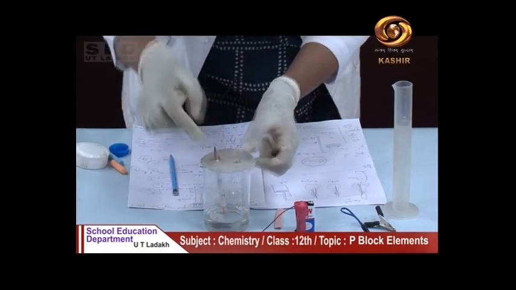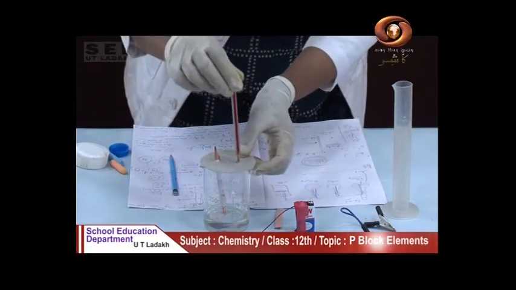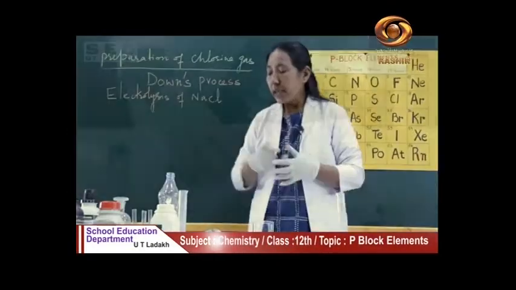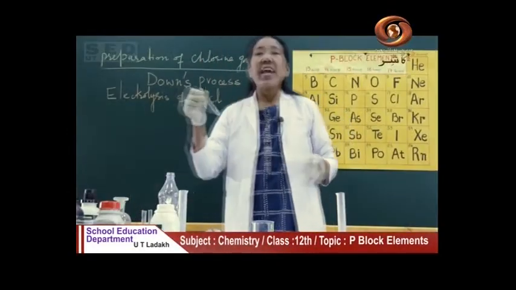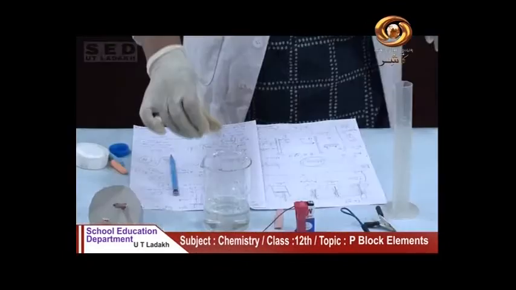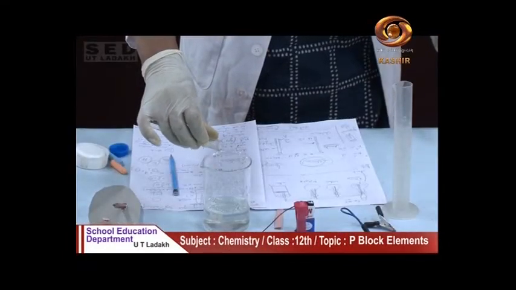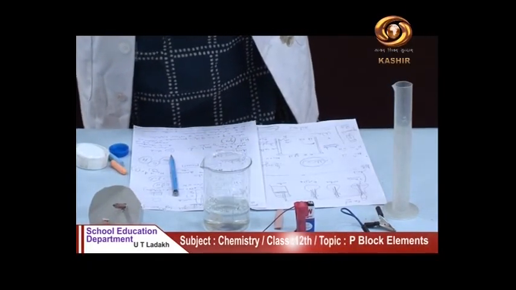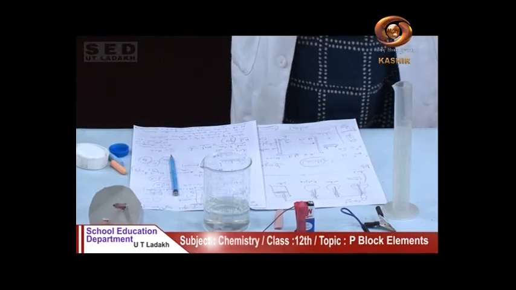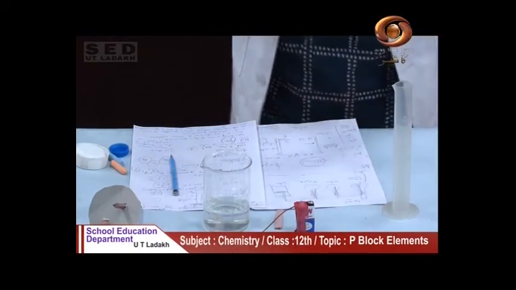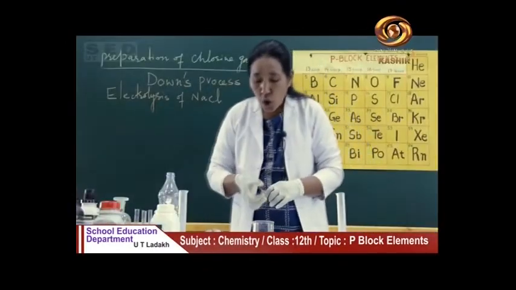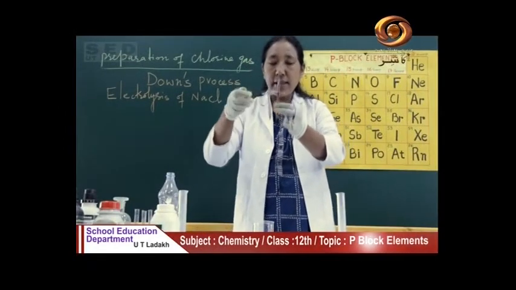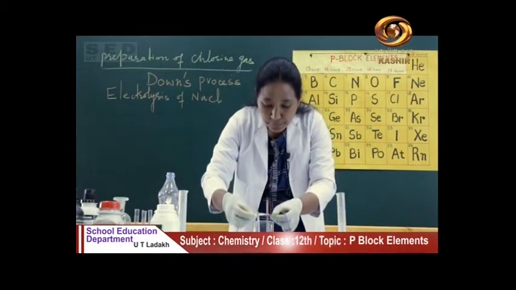So you should dip the pencils in this manner. If you have HCl, you can add a few drops of HCl. Otherwise, NaCl solution is enough to prepare this chlorine gas. Student, now this setup will be dipped into the beaker.